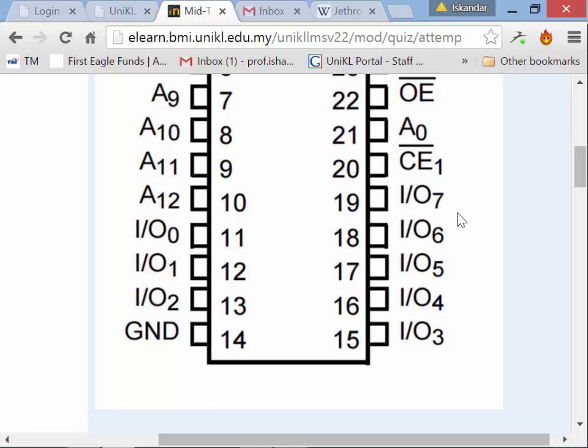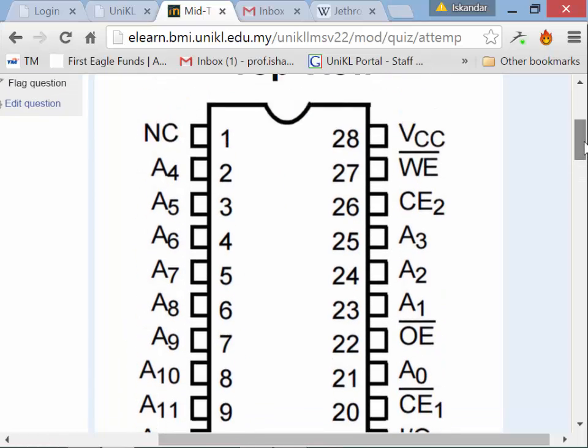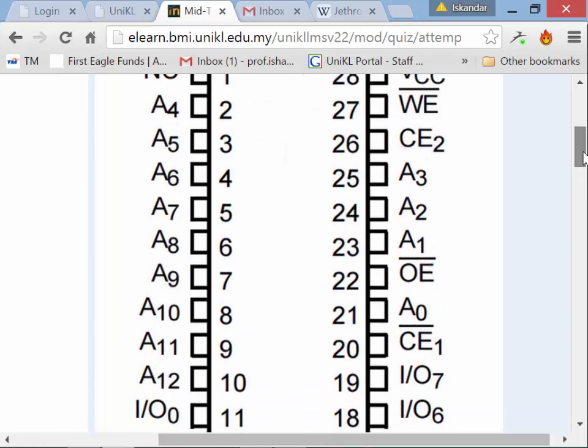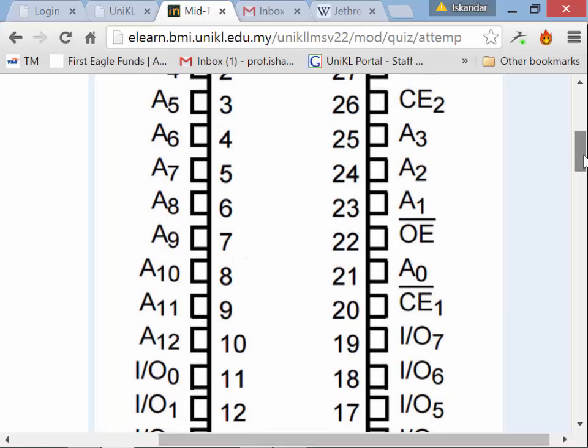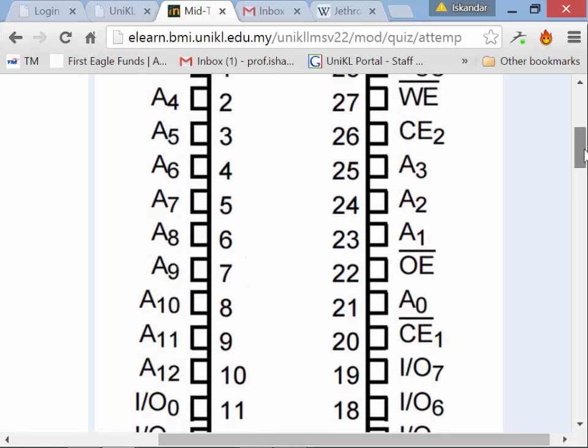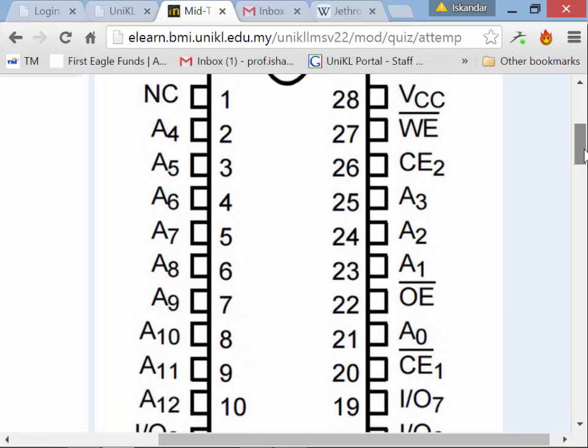So there's two ways that we know that. One is that we have 1 line for output enable and 1 line for write enable. So this chip would be selected using a combination of chip select 1 and 2. This has 2 chip selects right there, and one has to be low and one has to be high for this chip to be selected.